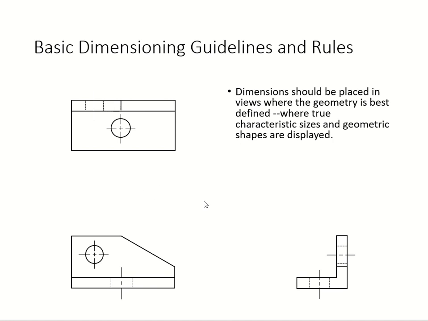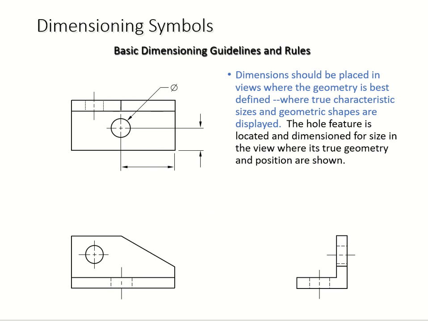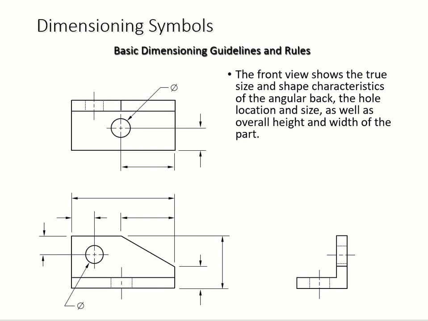So dimensions should be placed in views where the geometry is best defined, where true characteristics, designs, and geometric shapes are displayed. So let's take a look at this. So the very first one, yeah, we put in leader dimension. You put in the same thing, go slow, yeah, each one of them, following all the rules that we need to follow.